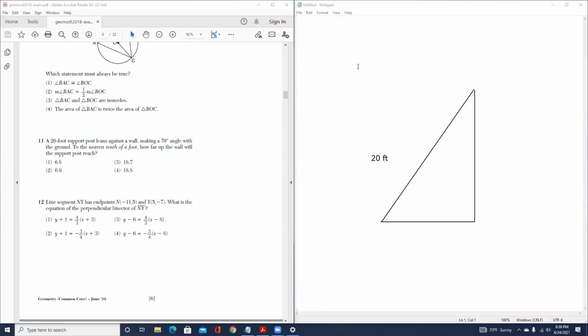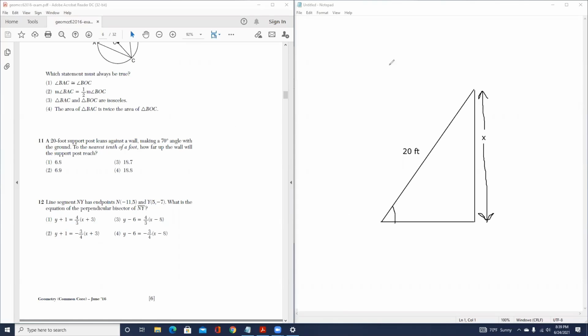Now the length of the post is 20 feet. And we want to know how far up the wall will the support post reach. In this case, it's asking for the vertical distance that this post makes with the wall.